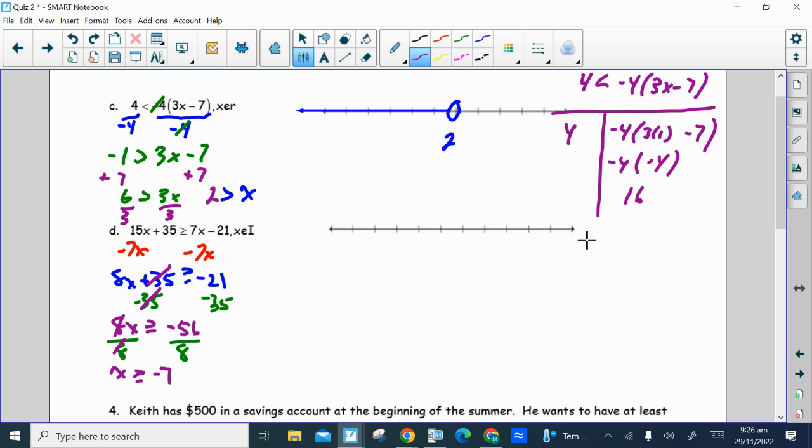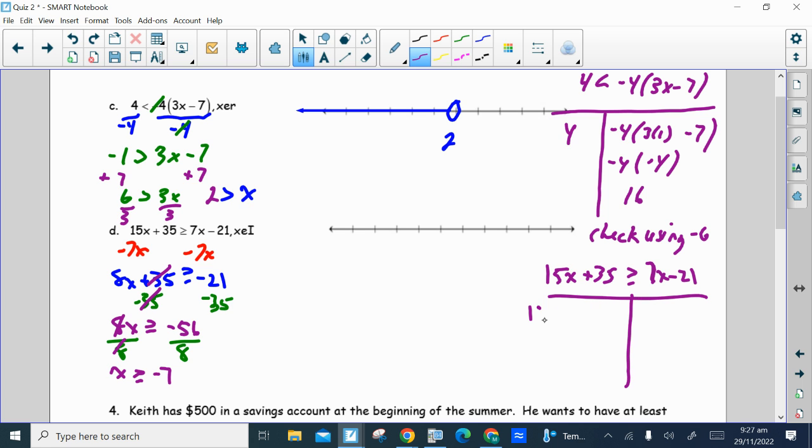So as a check, I have to use a number greater than or equal to -7. What about -6? That's greater than or equal to -7. So 15x plus 35 has to be greater than or equal to 7x minus 21. I'm going to check using -6.